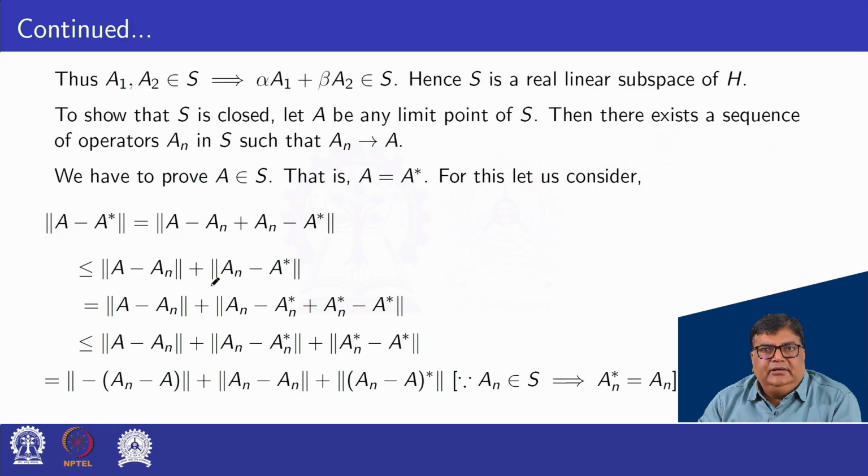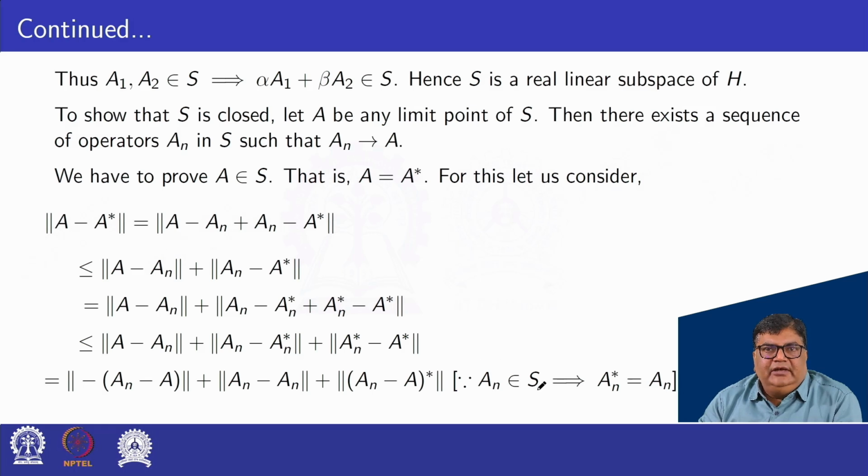Again applying the triangle property of norm, we have less than or equal to norm A minus An plus norm An minus An star plus norm An star minus A star.